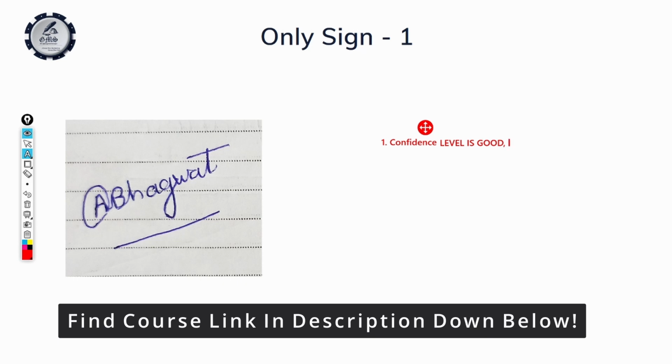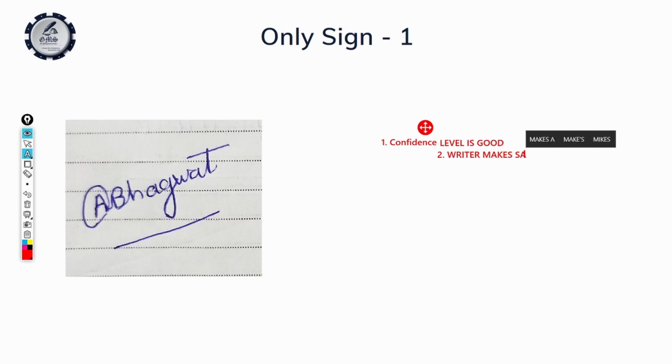And what else can we see? Sacrifices: the writer makes sacrifices for others. Hardworking person, nature, and other things you can say. What else can you see?